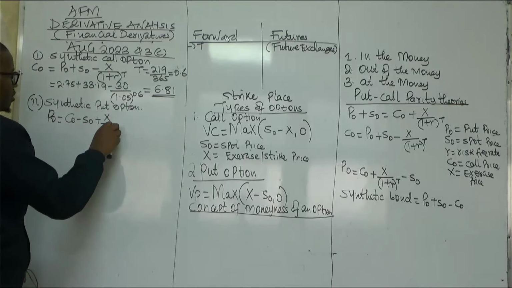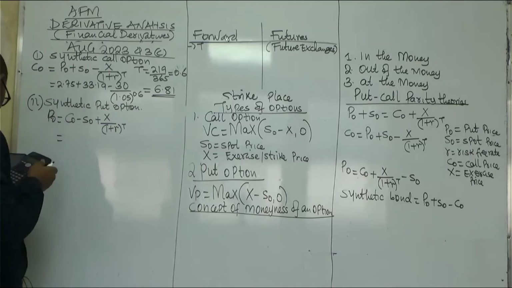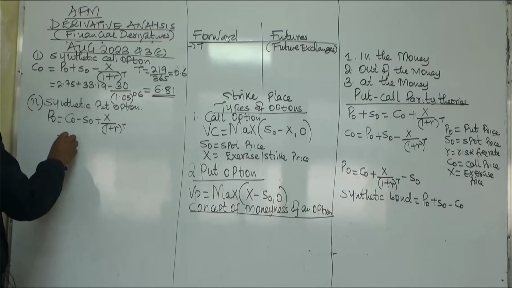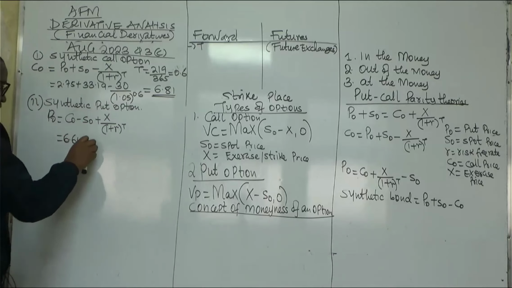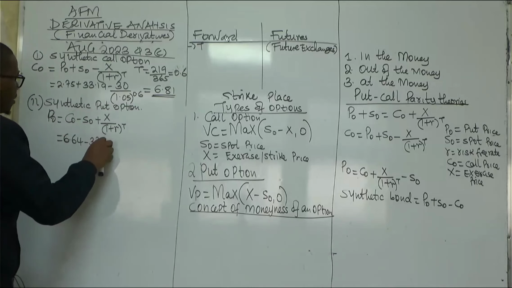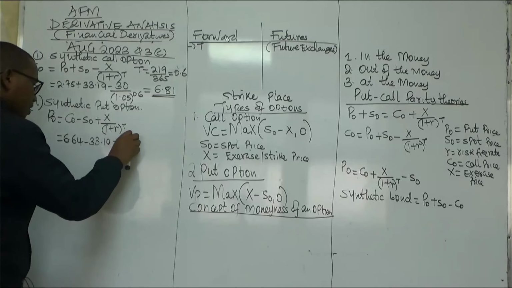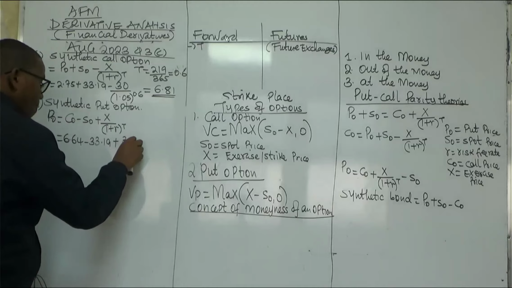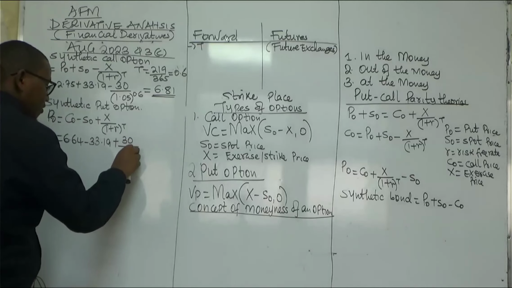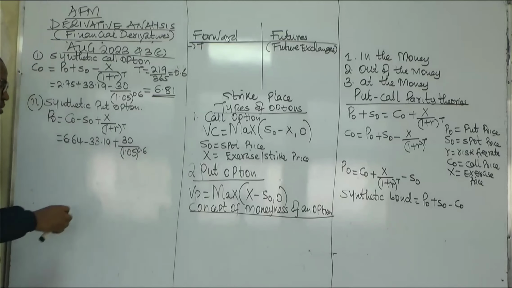It will be the call price, and here we were given 6.64, minus the spot price, which is 33.19, plus the exercise price over 1.05 to the power 0.6.